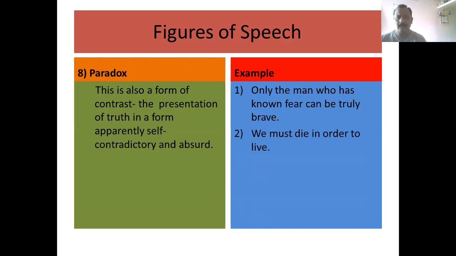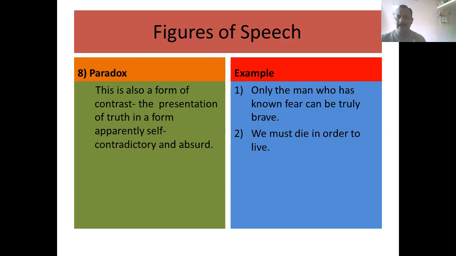Another sentence is there. We must die in order to live. Now, dying and living, these two opposite ideas are there. We must die in order to live. Indirectly, when we try to get the meaning, we laugh at the sentence, but the deeper meaning is also there.